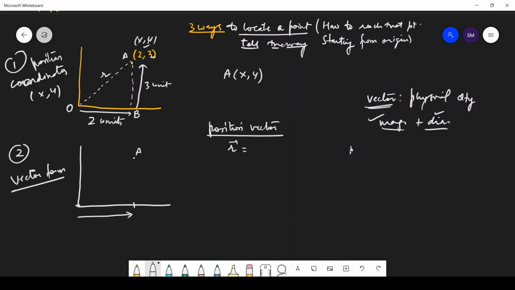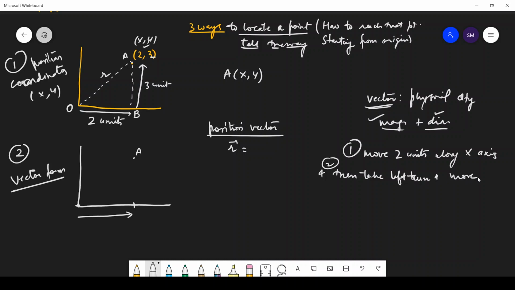So one way is move 2 units along the x-axis, and then second, take a left turn and move 3 units along the y-axis. So this is how I will reach A.